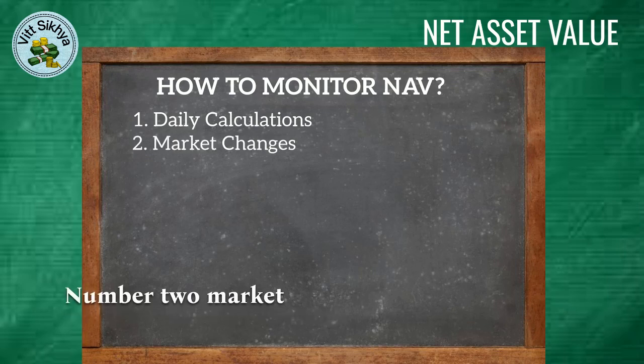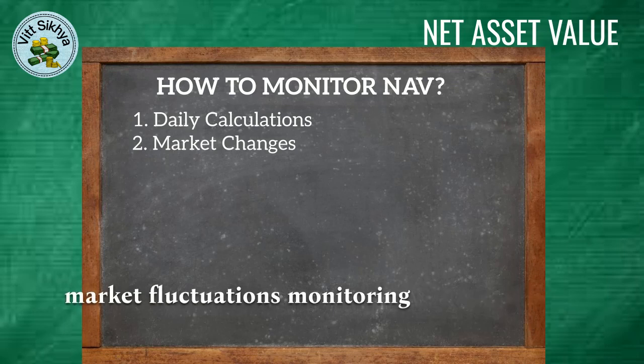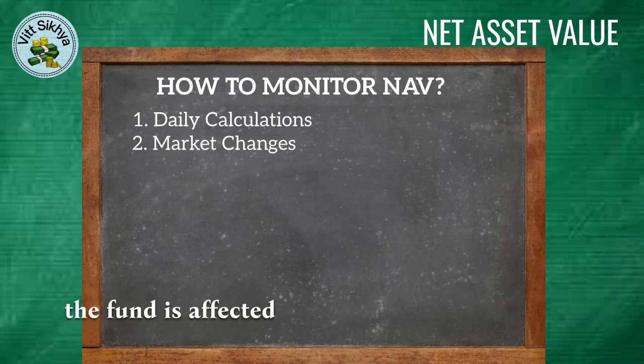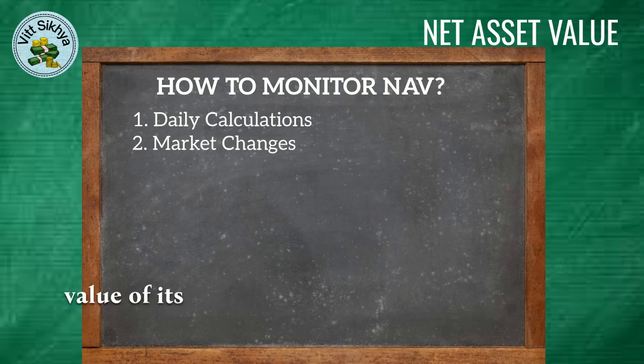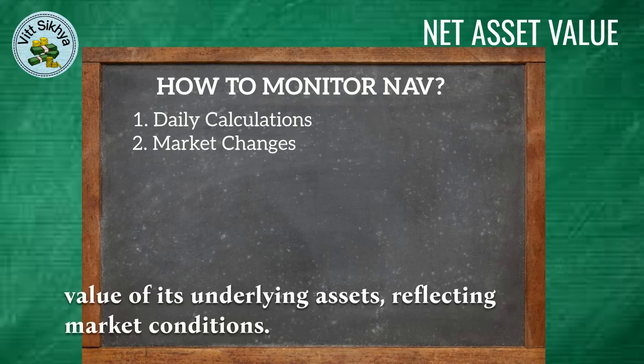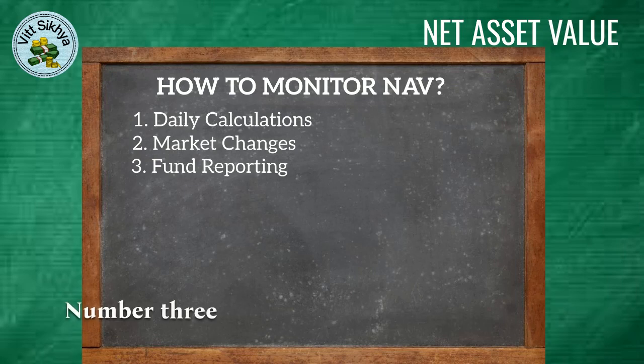Number 2, market changes. NAV is sensitive to market fluctuations. Monitoring NAV provides insights into how the fund is affected by changes in the value of its underlying assets, reflecting market conditions. Number 3, fund reporting.